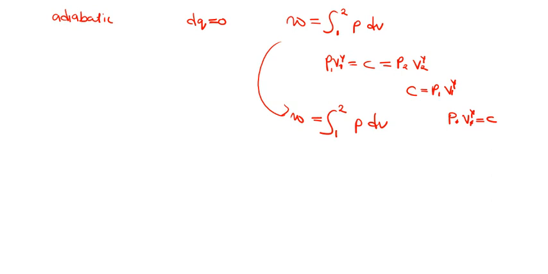Since that is constant, I can say p is equal to constant over volume to the gamma. So I'll substitute there: the integral from 1 to 2, replacing p with c over v to the gamma, then dv.